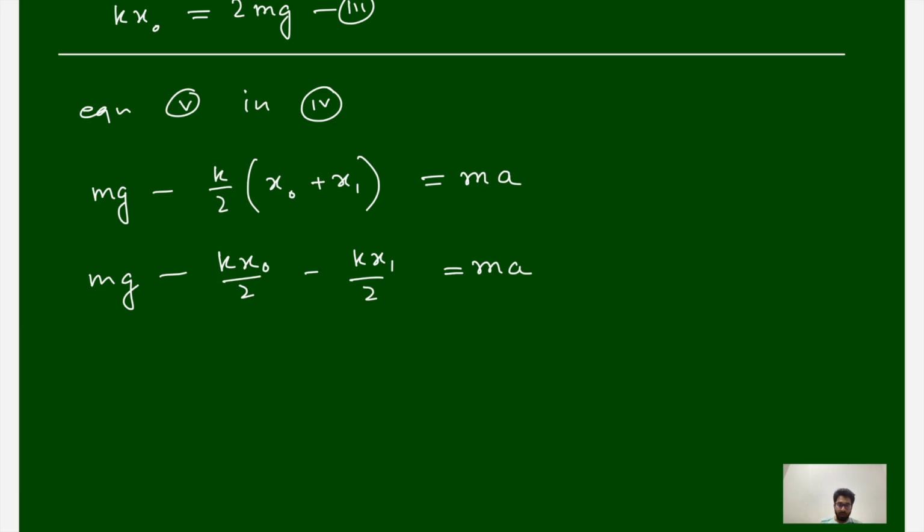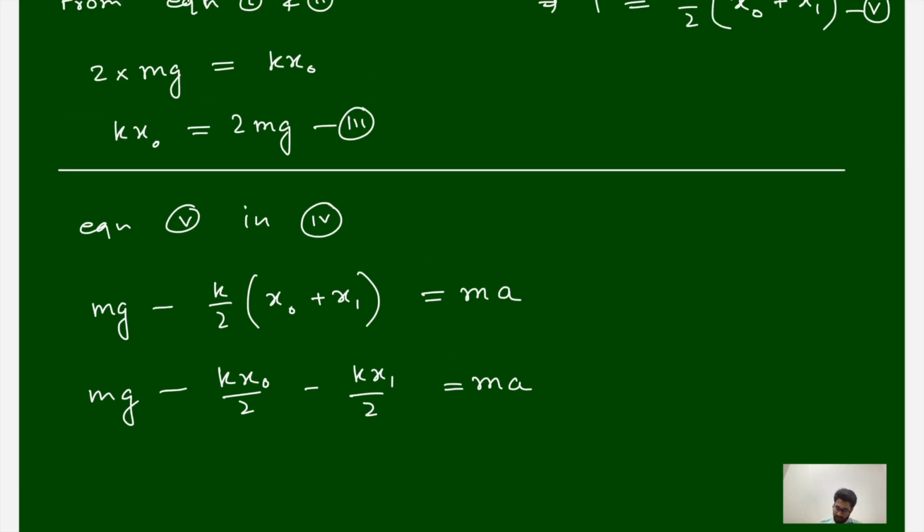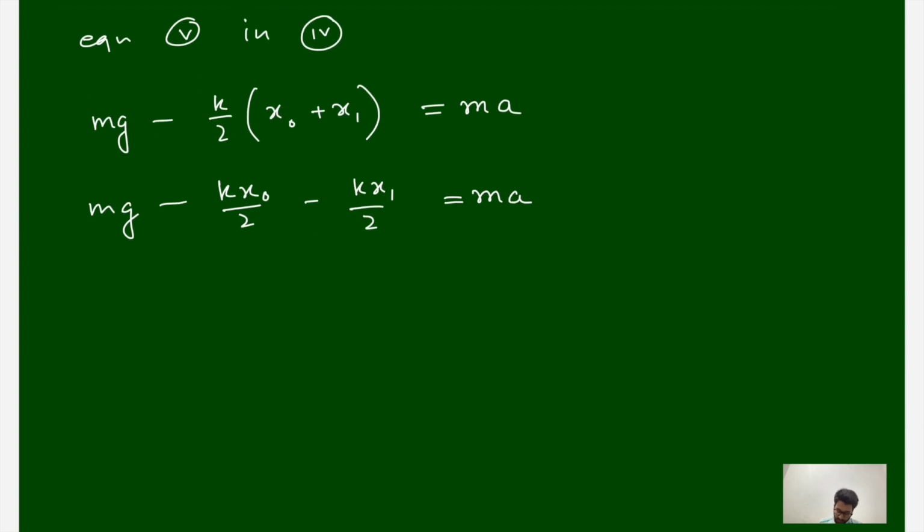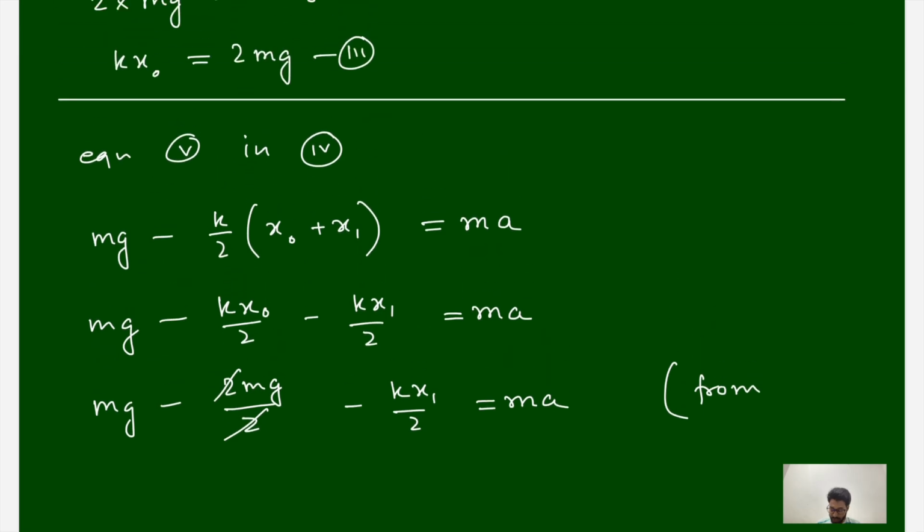Now we already have calculated, see, equation number 3: k into x naught equal to 2 times mg. So from equation 3, mg minus 2mg divided by 2, the 2 gets cancelled, minus k x1 by 2 is equal to ma.